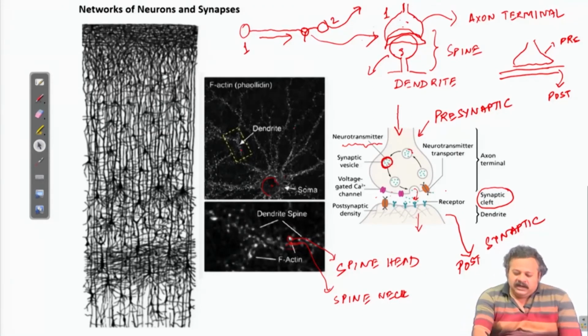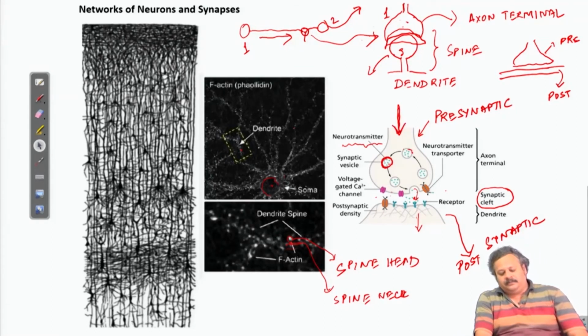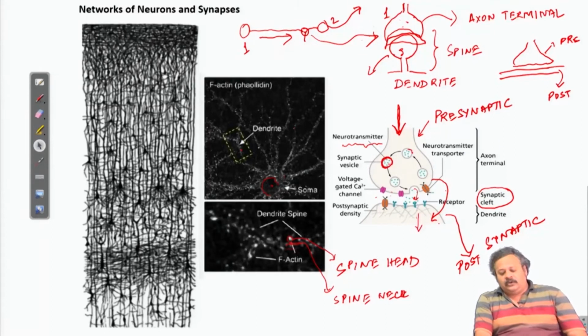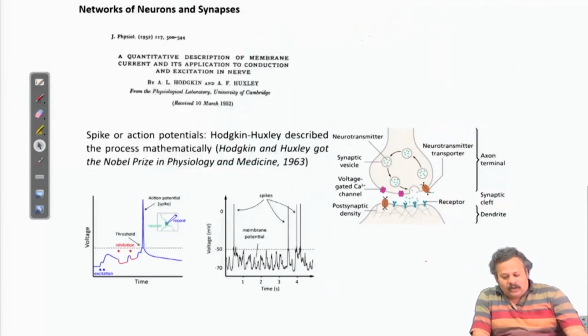As we said, information in some form is coming to the synaptic terminal or the presynaptic terminal, and that is being communicated to the next stage through the synapse, from the presynaptic side to the postsynaptic side through these receptors via the neurotransmitters. So, what is it exactly that carries this information? And these are what we call spikes or action potentials.